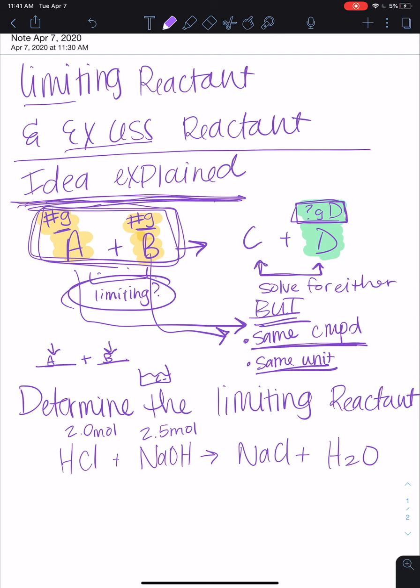Okay, let me rewrite that. Let's say we get C plus D out. Why can't I draw a D? Okay, and basically our question is which one, A or B, ran out first. Okay, so that's which one is limiting the amount of product that can be made.